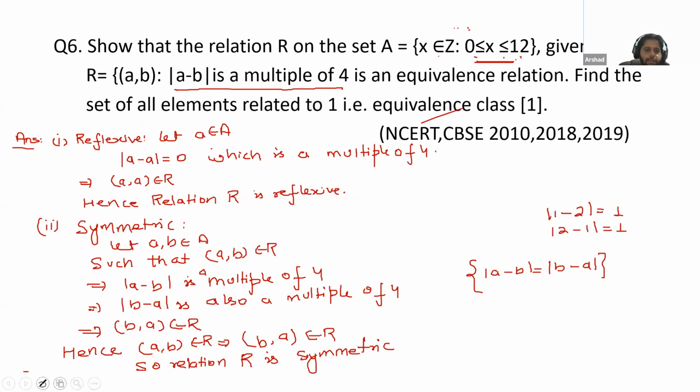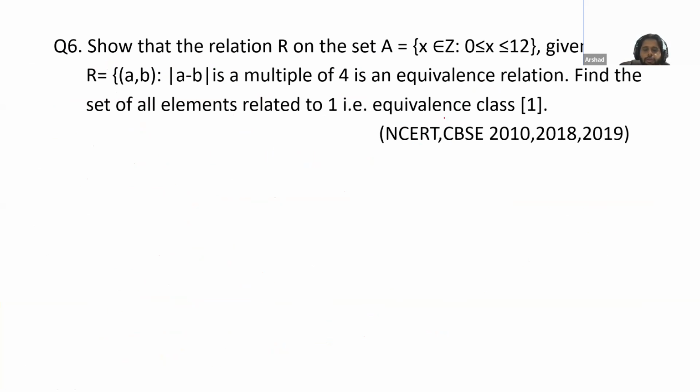Okay, now please check the next part. Now, next part, this is a very, very important thing. Equivalence class. Here they are saying find the set of elements related to one, that is equivalence class one.